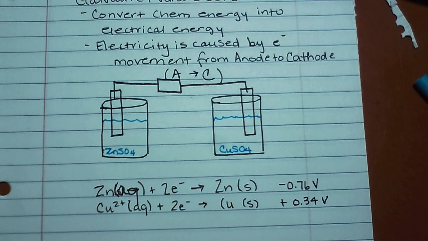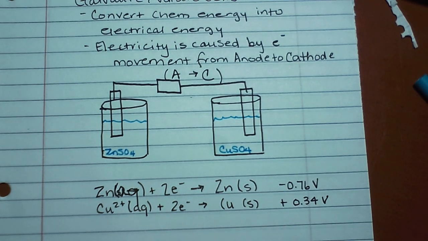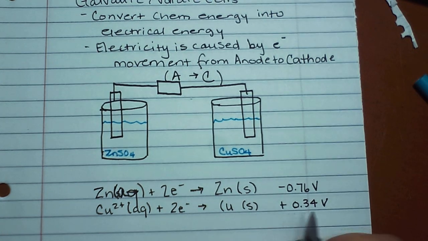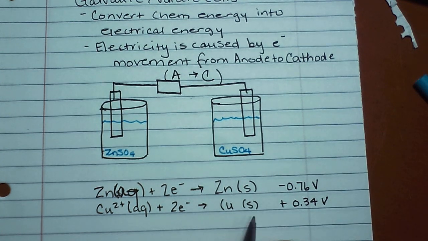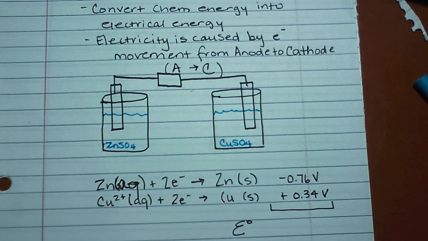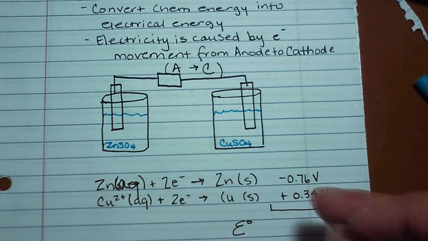Now, copper wants to accept electrons. How do we know that? The charts have what we call electrode potentials. And the more negative the value, the further to the left the reaction goes.